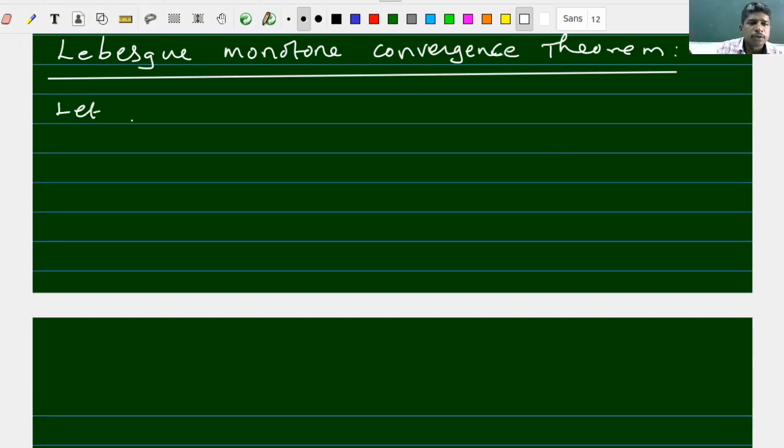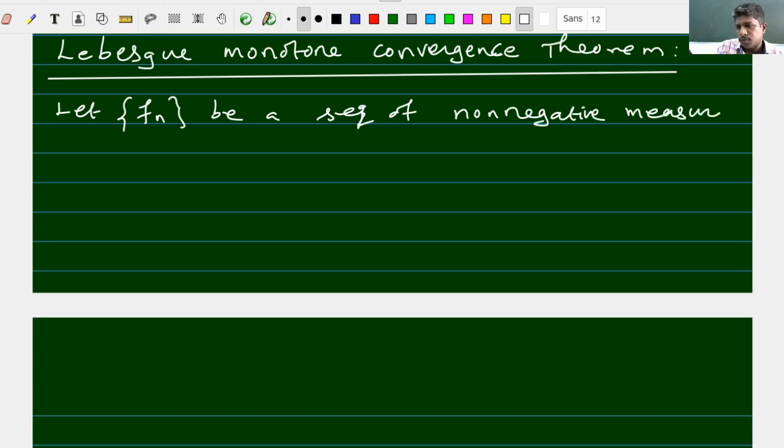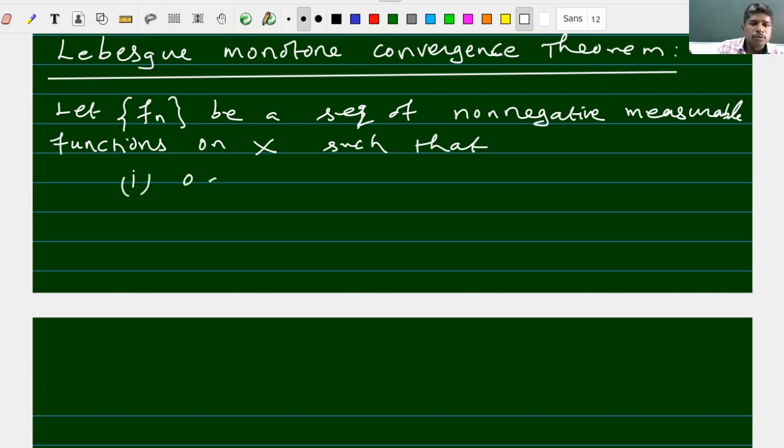Let Fn be a sequence of non-negative measurable functions on X, such that number 1, it's non-negative but it is monotone, right?